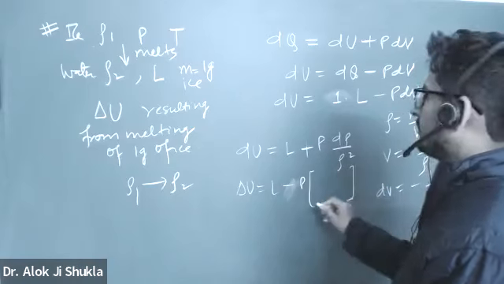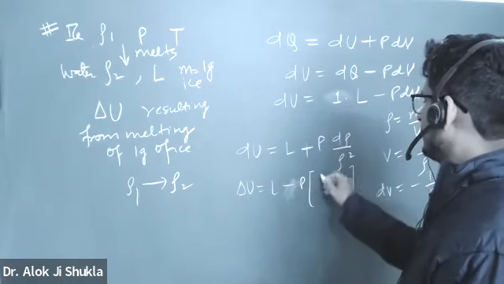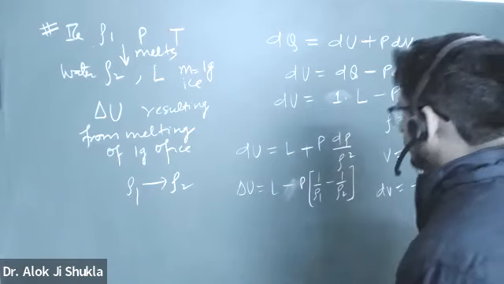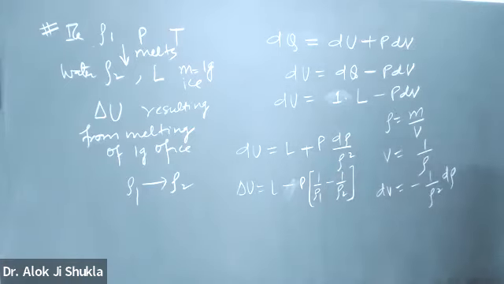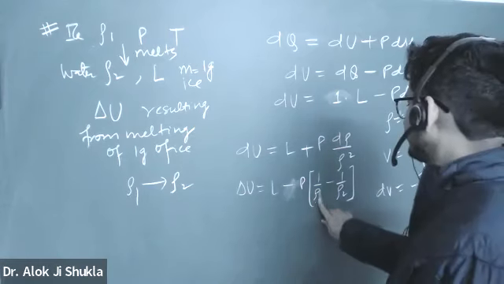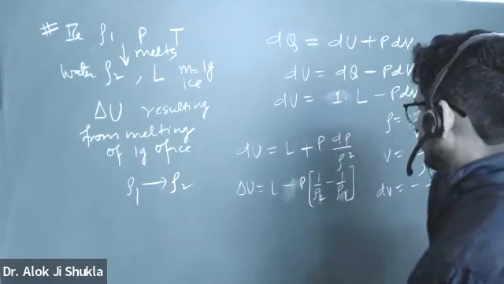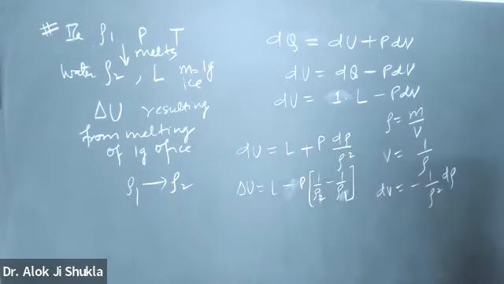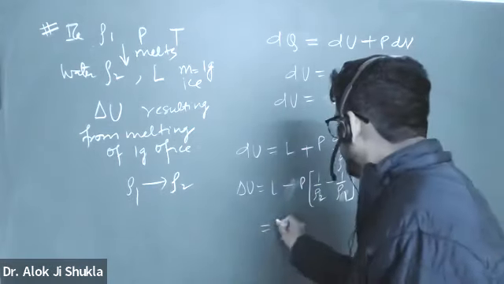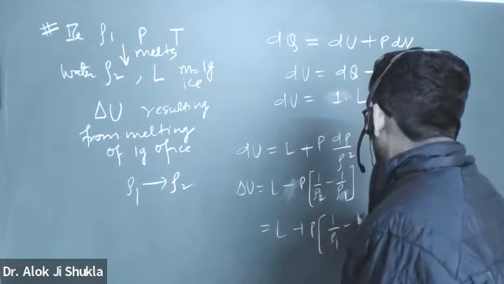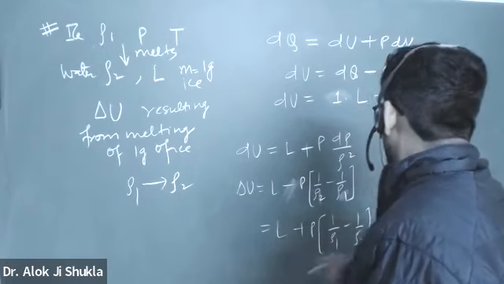So minus 1 by rho means 1 by rho 2 minus 1 by rho 1. Upper minus lower, right? From rho 1 to rho 2. Or it will become L plus P times 1 by rho 1 minus 1 by rho 2.